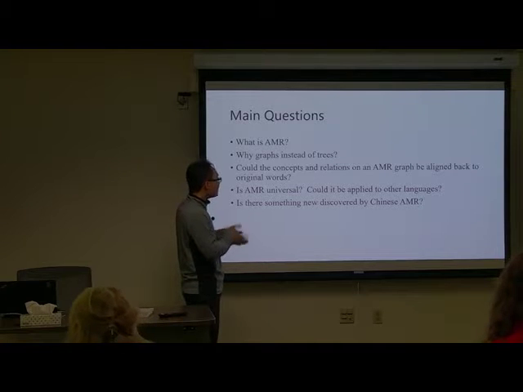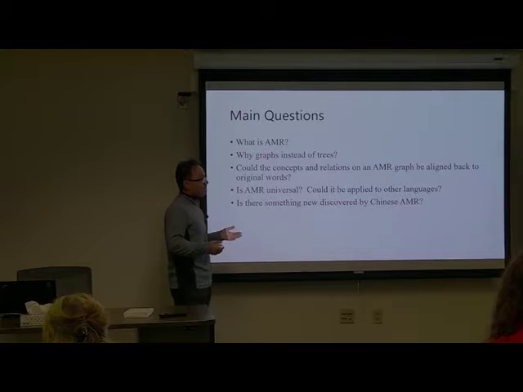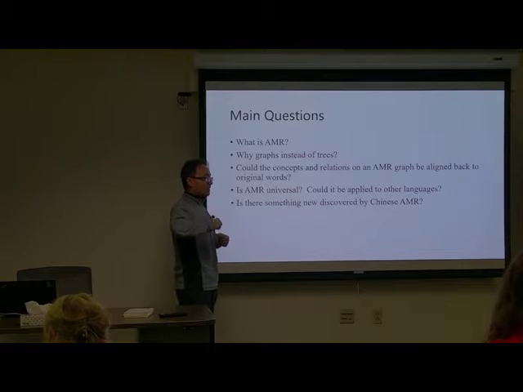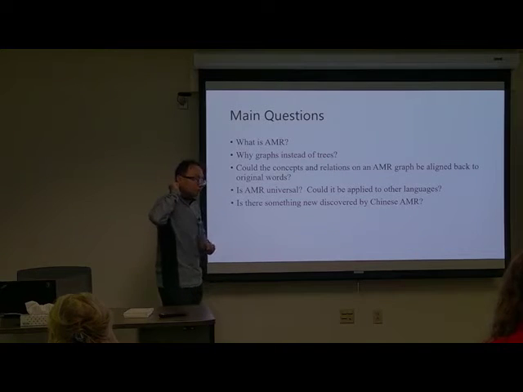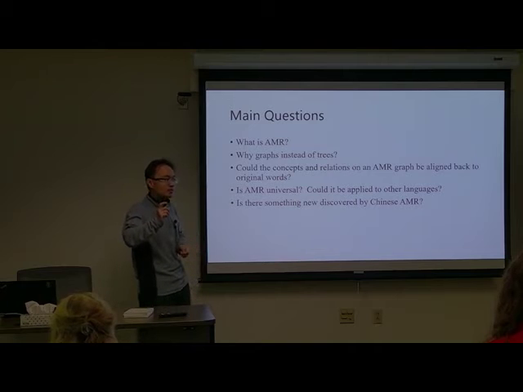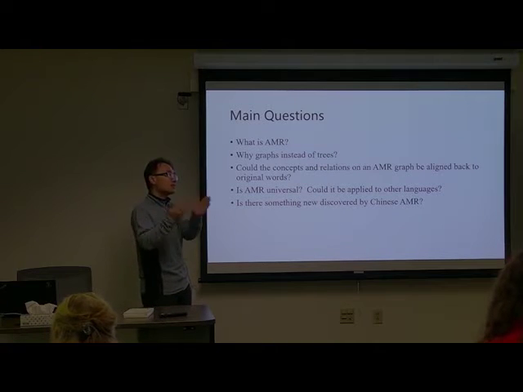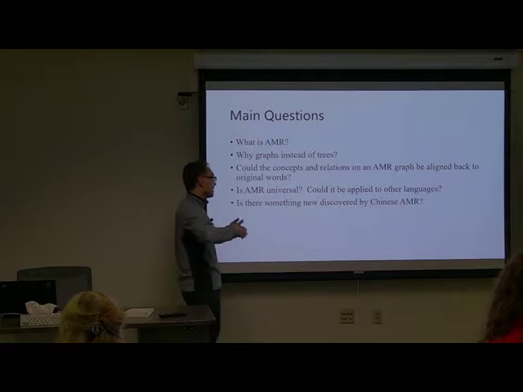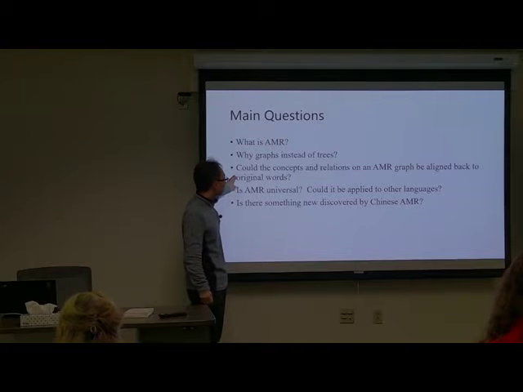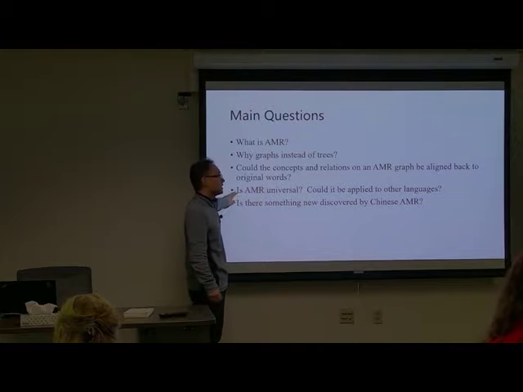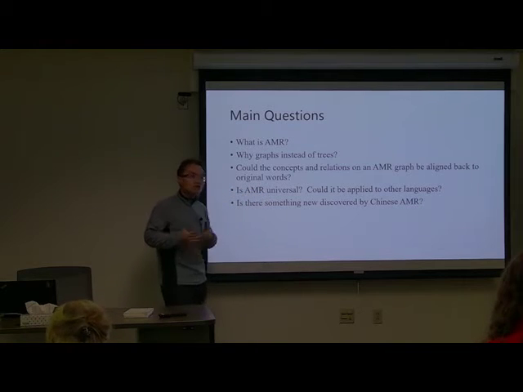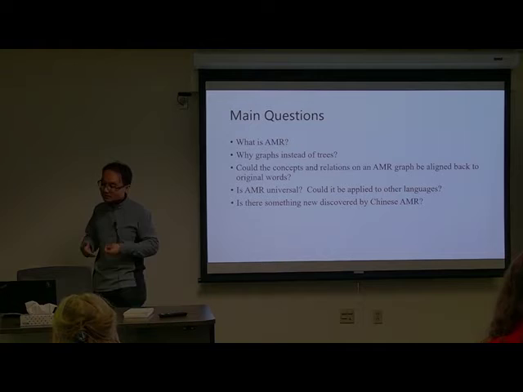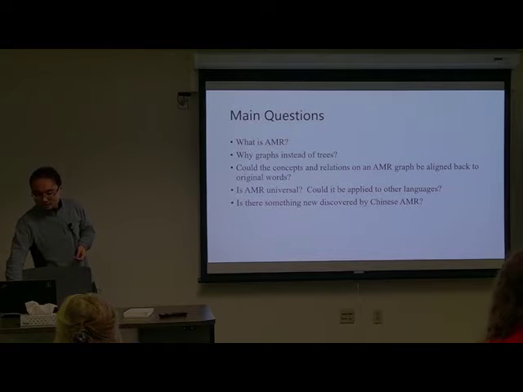And if semantically we abstract the words to concepts, could we trace them back from concepts to words again? So this is a crucial question. And is AMR universal? Can it be a meta language for all languages? We want to answer such questions.